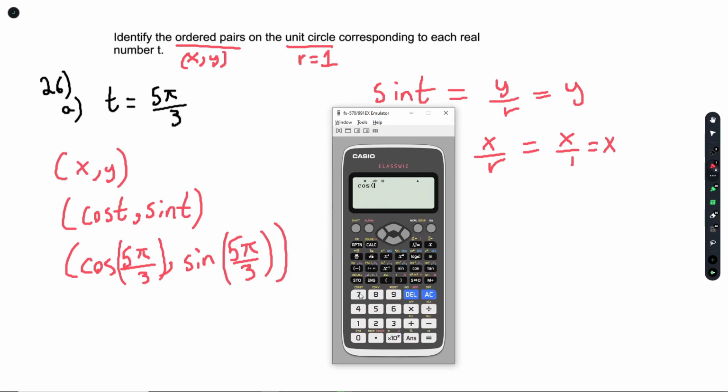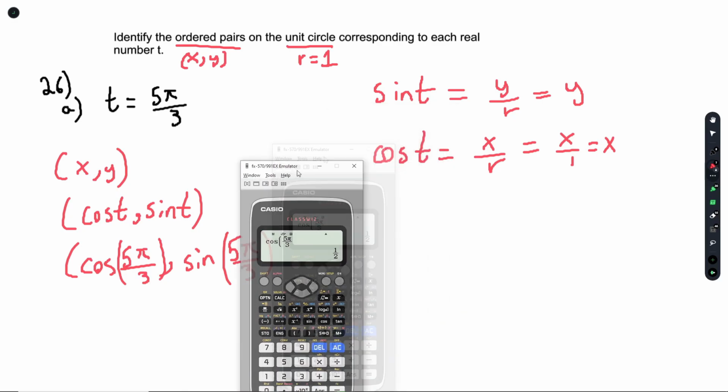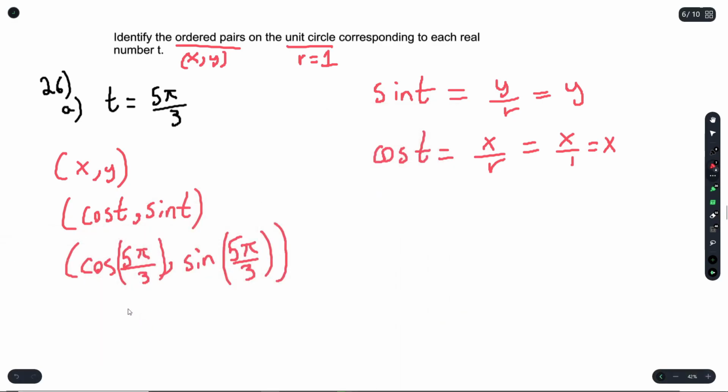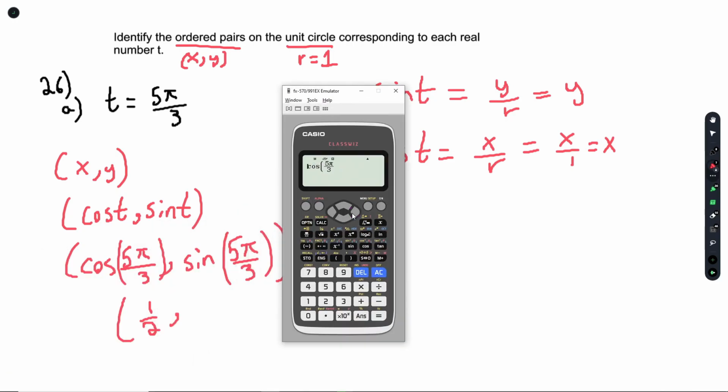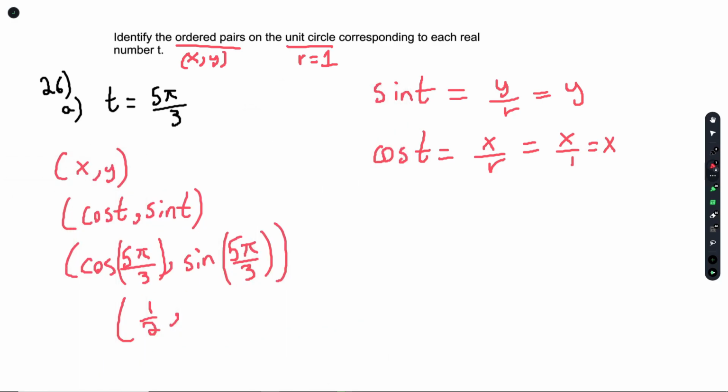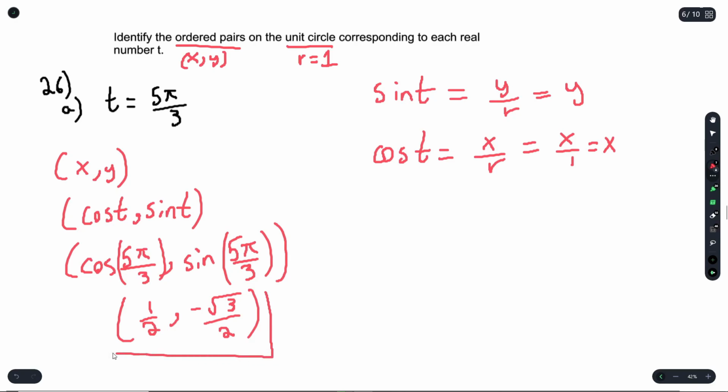So cosine 5 pi over 3 is 1 over 2. And sine 5 pi over 3 is negative radical 3 over 2. That's our ordered pair.